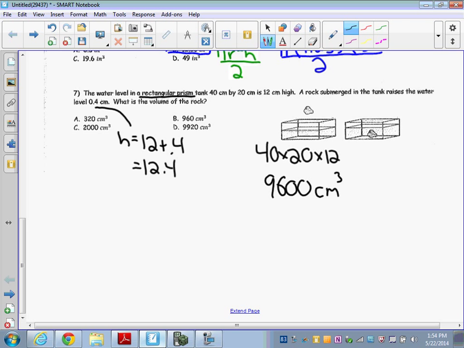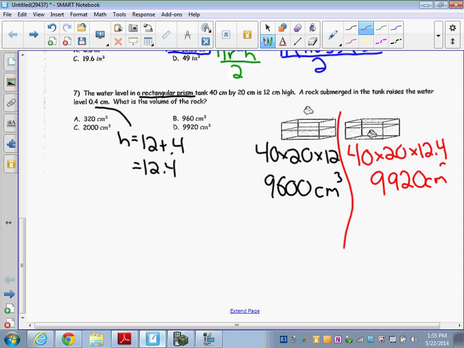So I can find the volume of this tank by doing 40 times 20 times 12.4. And whenever I do that, I get 9,920. I'm asked to find the volume of the rock. So all I simply need to do is subtract 9,600, and I get my final answer of 320 centimeters cubed.